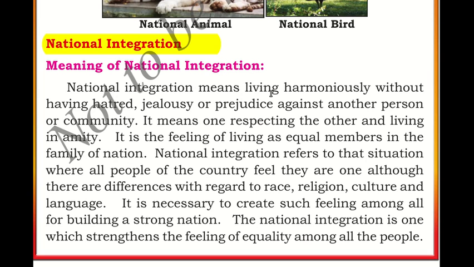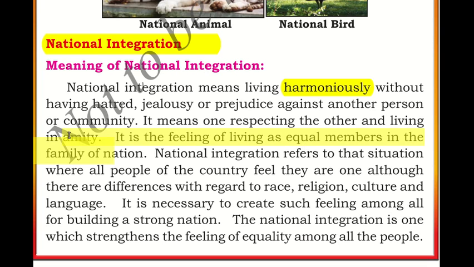National integration means living harmoniously without having hatred, jealousy, or prejudice against another person or community. So, national integration refers to the idea of living together with all Indians, regardless of their community or their beliefs. It means one respecting the other and living in amity.